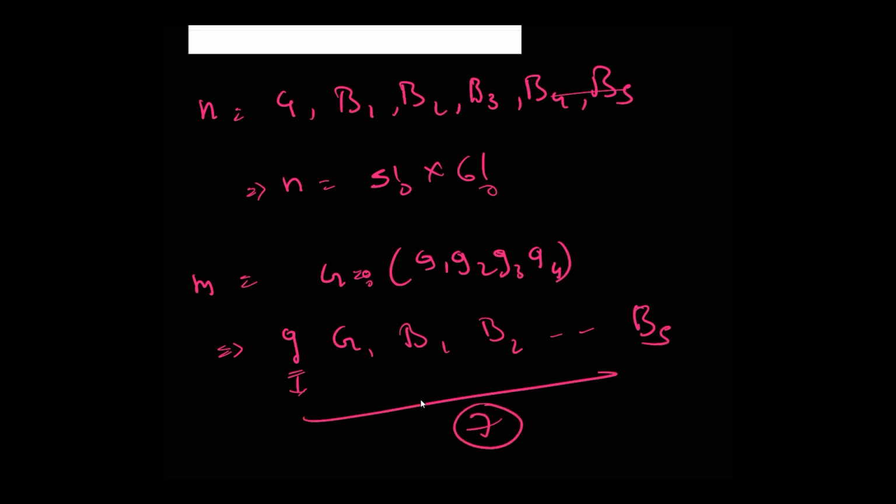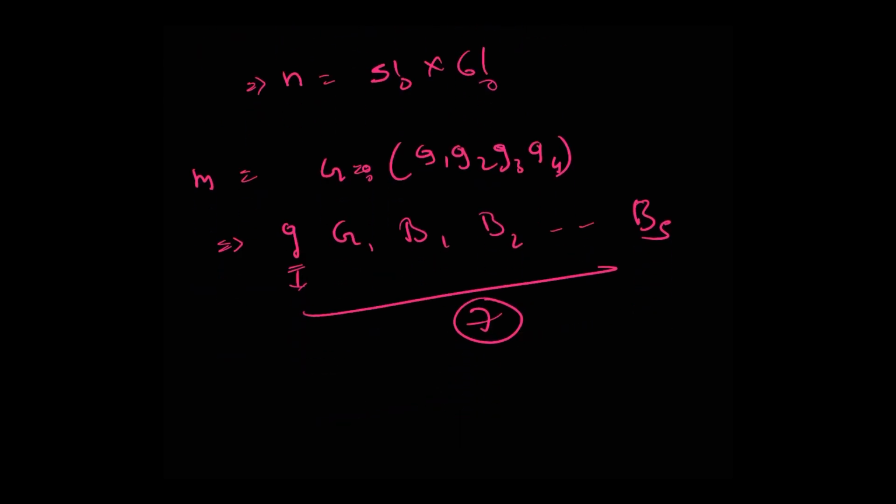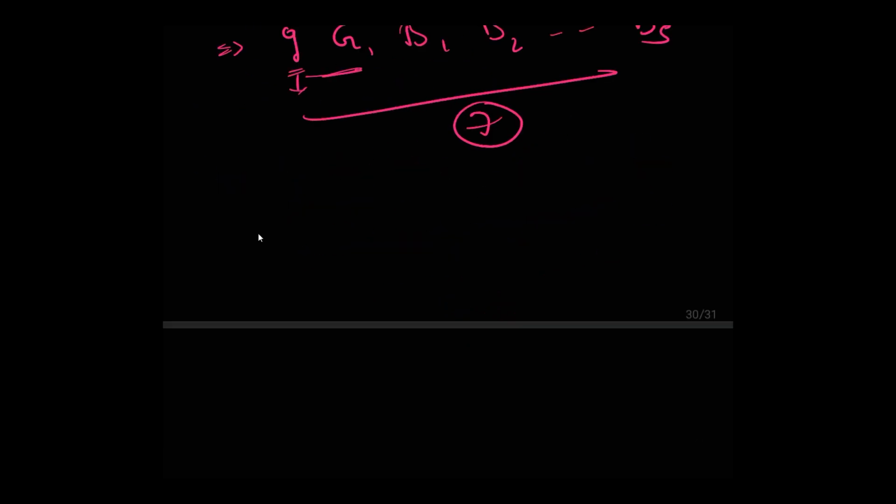That is 7 elements, and we should arrange them such that these two, small g and capital G, are not together. We can do that by the exclusion principle.